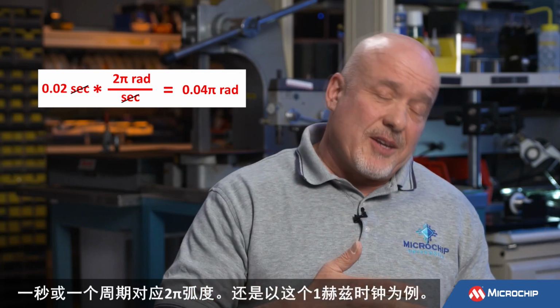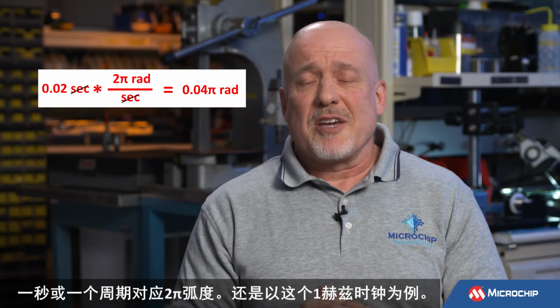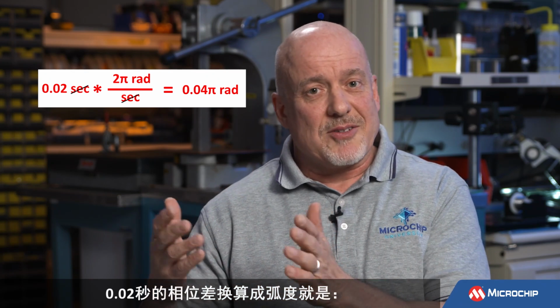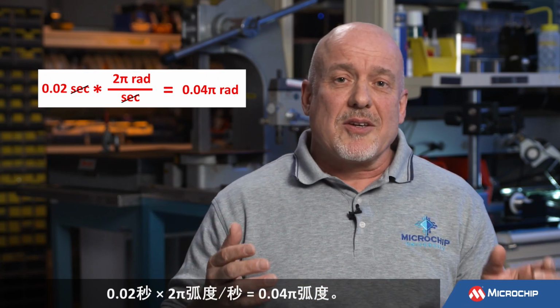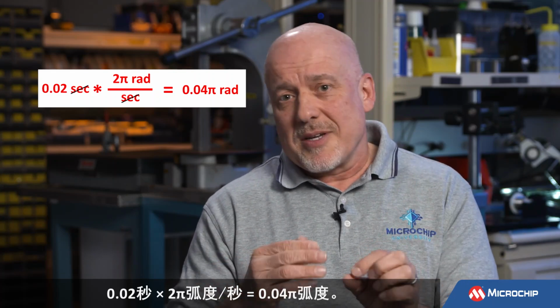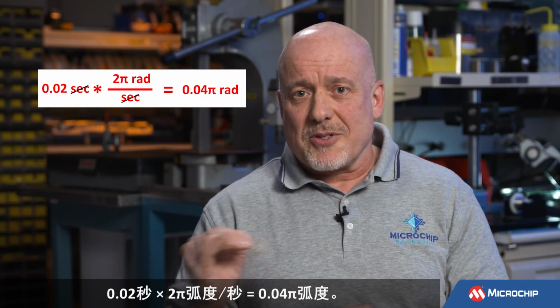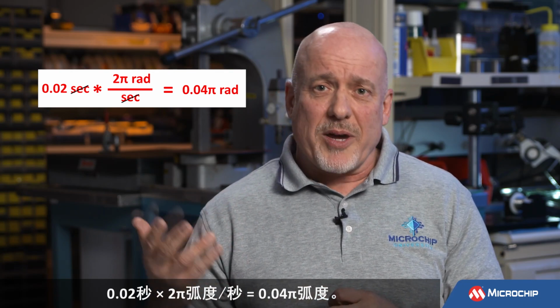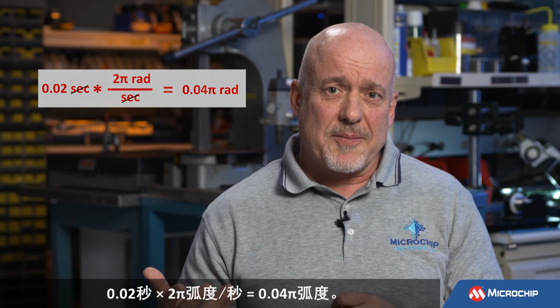This is a 1 Hertz clock, so a period is 1 second. If we choose to express our 0.02 seconds of phase this way, it is 0.02 times 2 pi radians per second, which gives us 0.04 pi radians per second.